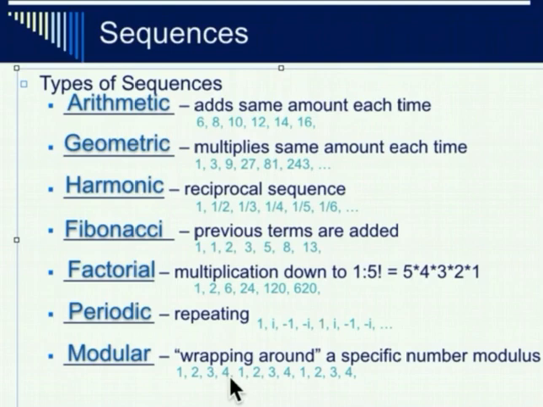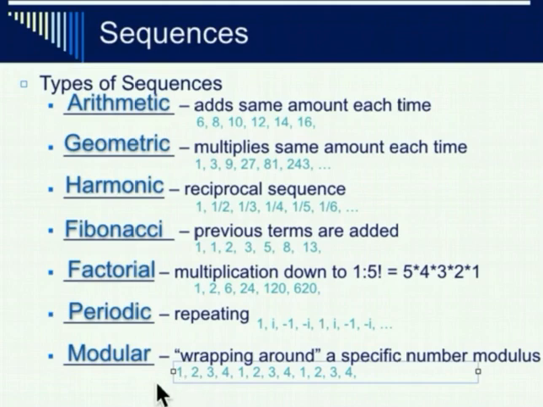Every time we get to 4, we reset and go back down to 1. That doesn't have to be 4. You can have moduli of 12, which is what the clock does, right? Every time you go through 12 hours, you reset back down to 1. Variations of this also might start at 0 instead of 1, but any sequence like that is called a modular sequence.